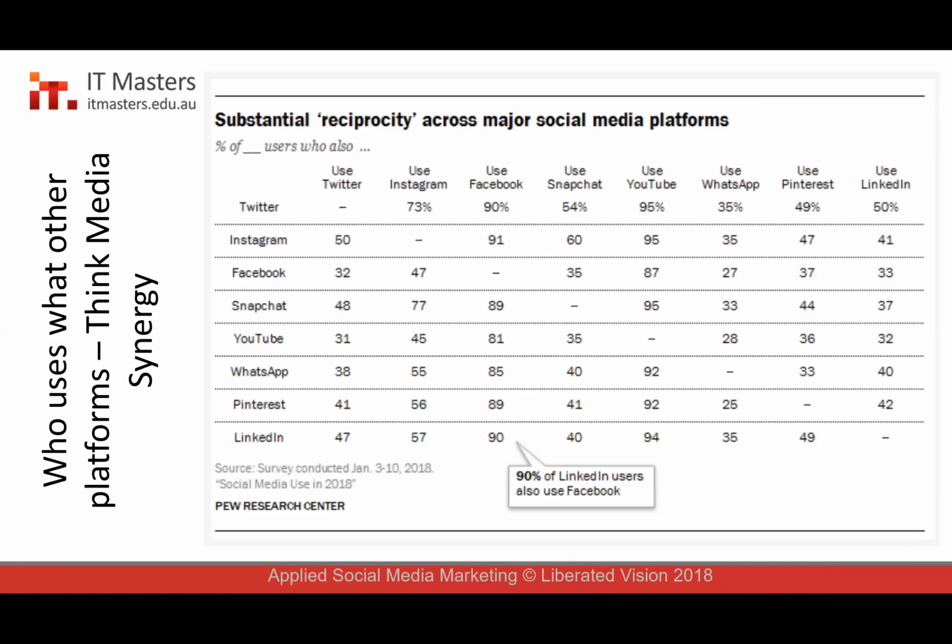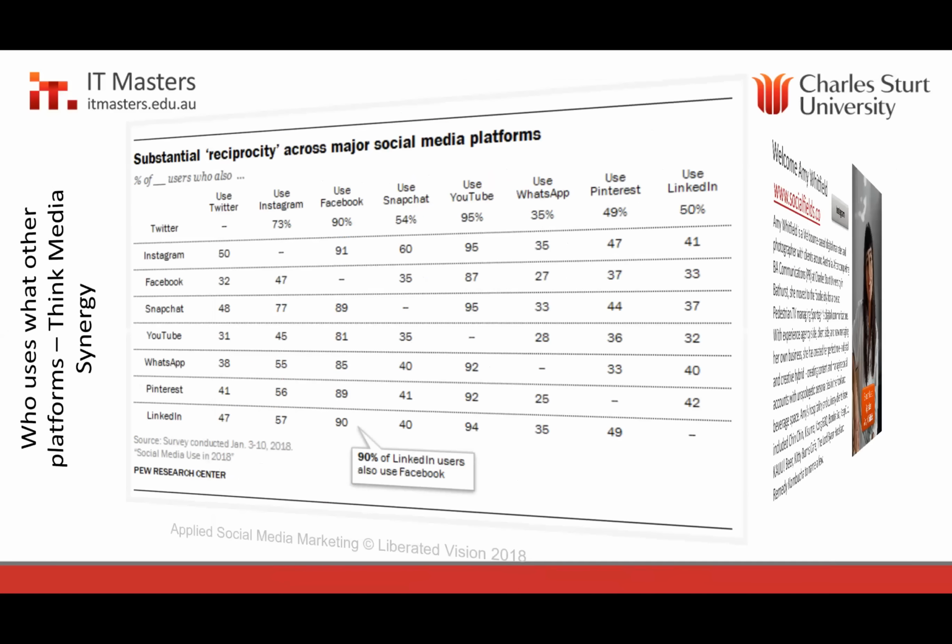Snapchat users and YouTube, and clearly in the music video market or maybe the music market altogether, short snippets across Snapchat driving people to your YouTube channel could be massively powerful and really important. And if Snapchat users do not use YouTube and you're trying to drive them to your video, the link's broken probably before you start. So this graphic's quite interesting. Have a think about who your target markets are, which tools they're using, and which other tools they're using, so you could create some synergy across those 2 platforms.